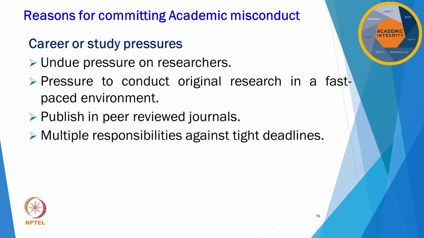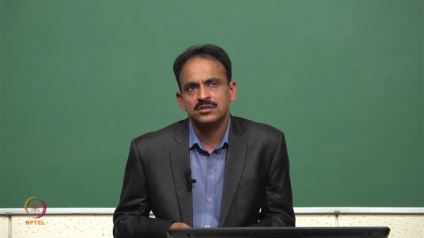They need to conduct original research in a fast-paced environment, publish frequently in peer-reviewed journals, and procure funding from research projects to advance their research career. So this, along with the need to handle multiple responsibilities against tight deadlines, creates undue stress to succeed at any cost.